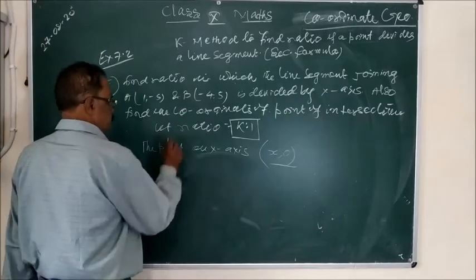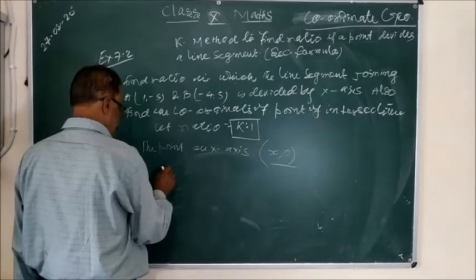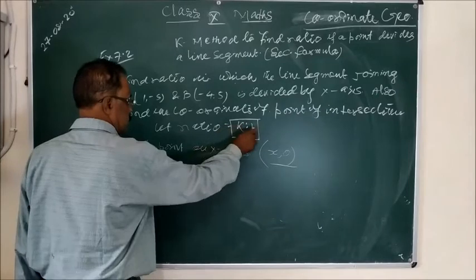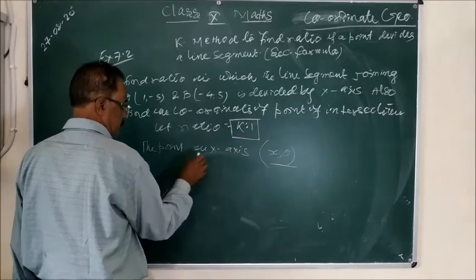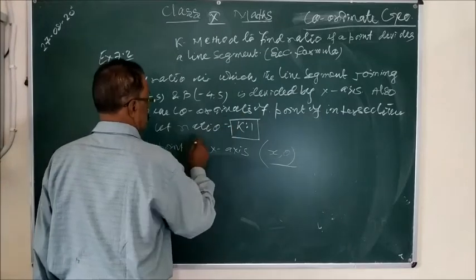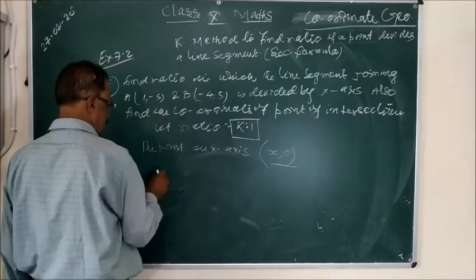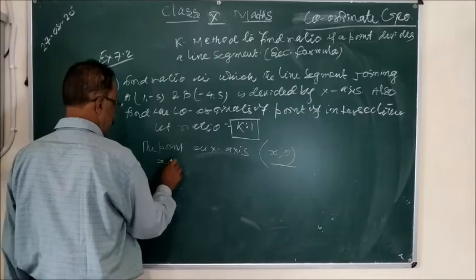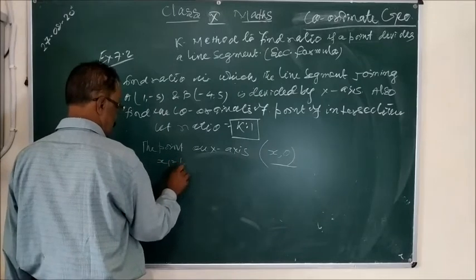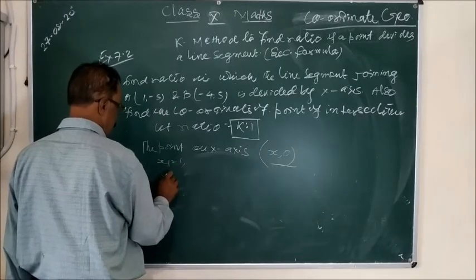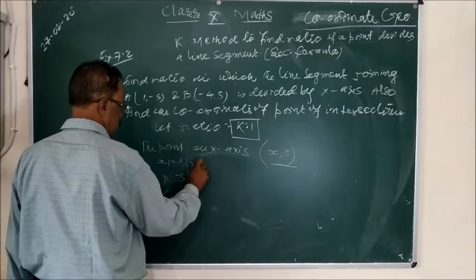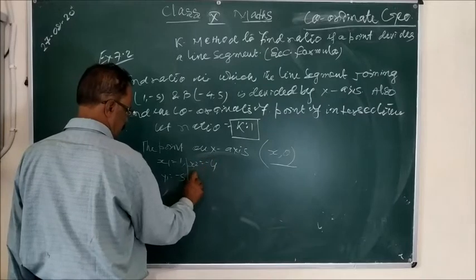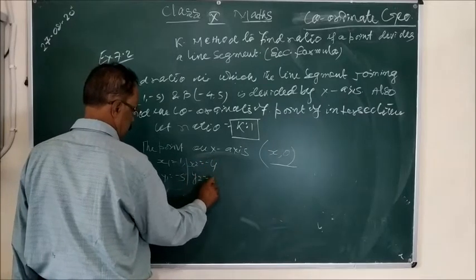Now you see, K is to 1 is the ratio. Now you find m1, m2, x1, y1, x2, y2. If you write them here, it will be easy. x1 is 1, y1 is minus 5, x2 is minus 4, and y2 is 5.